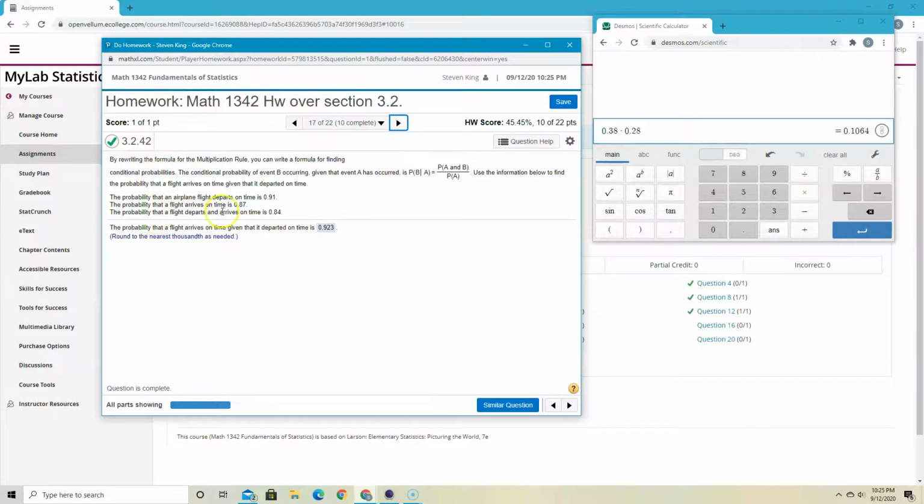Sounds almost the same as this one. It arrives on time, given that it departs on time.